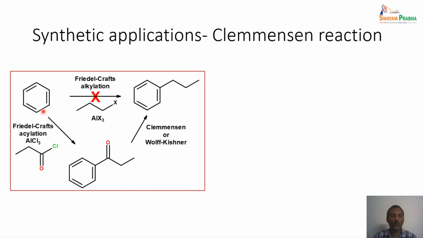So although it is one step extra for the preparation of linear alkyl benzenes, Clemmensen or Wolff-Kishner reduction of this acyl derivative is the best option to get the reduced product. So Clemmensen reduction or Wolff-Kishner reduction can be effectively used to prepare linear alkyl aryl derivatives.